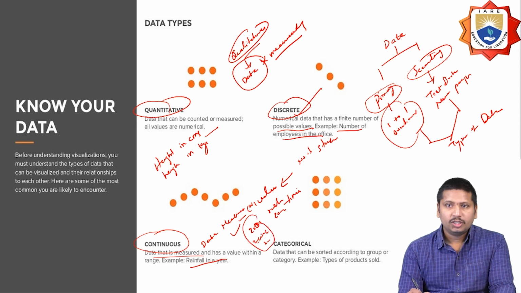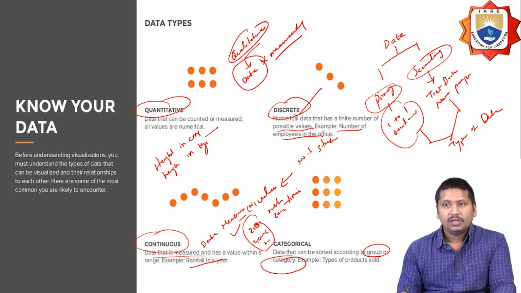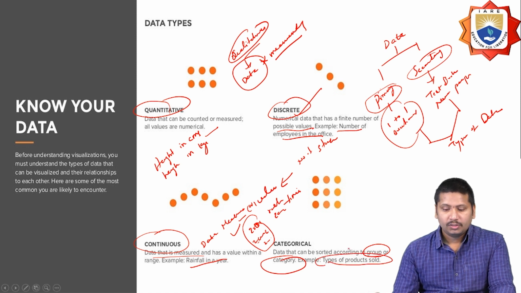So with respect to time, that is continuous. And the next one is categorical. Categorical means the data is going to be sorted according to a group or category, like the number of products sold. So these are the different types of data.